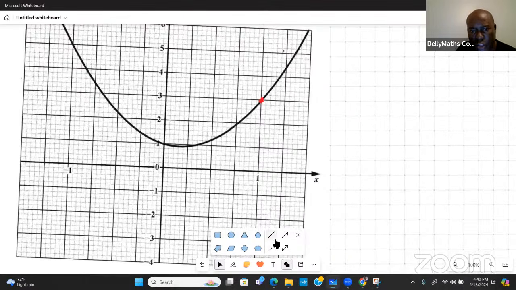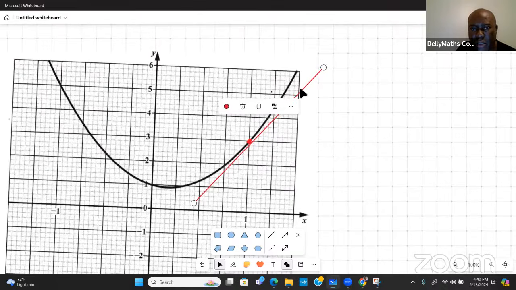All right, I'm going to let it pass right where my red dot is. This is my curve right here. I'm going to make sure that it only touches the curve once, like that.